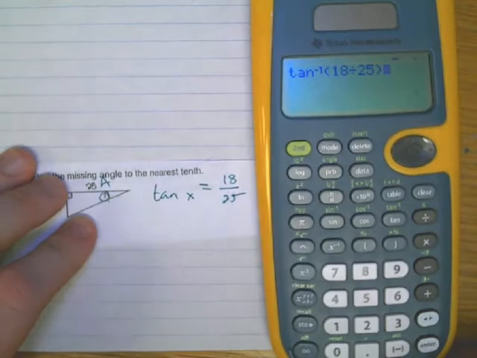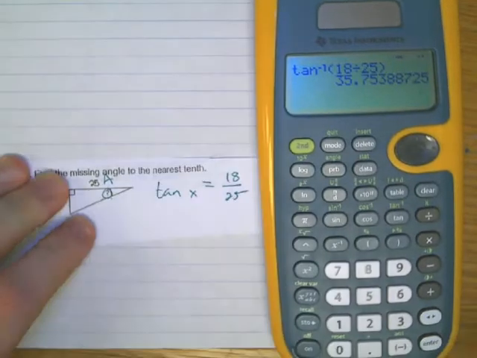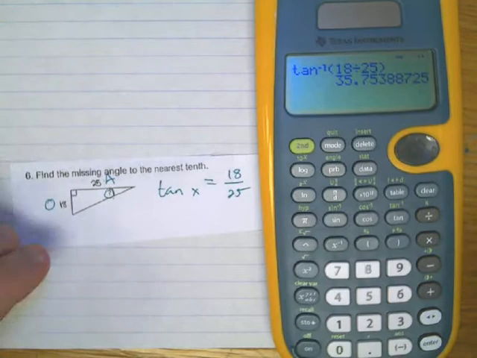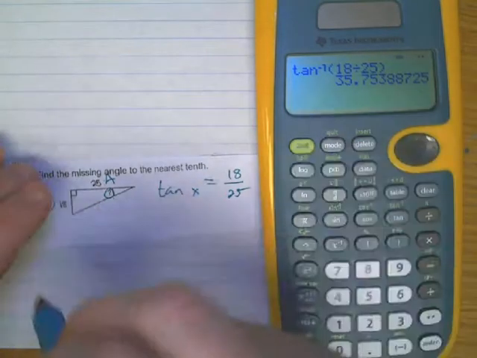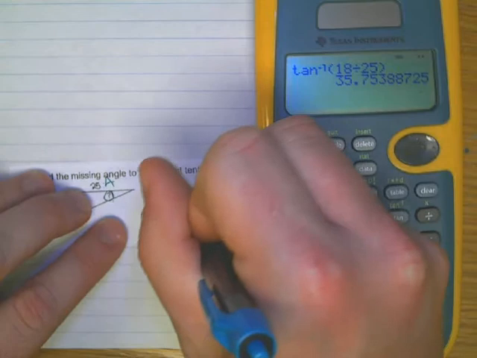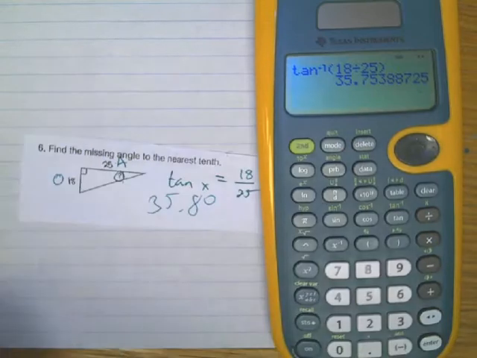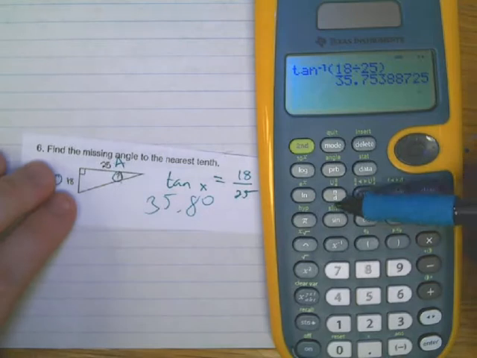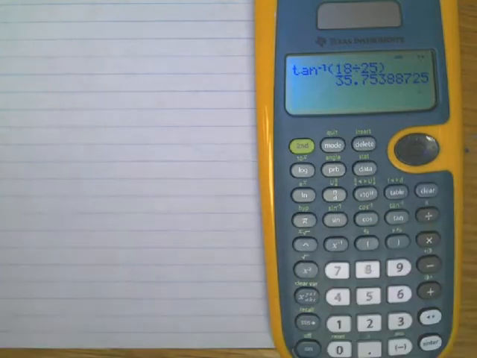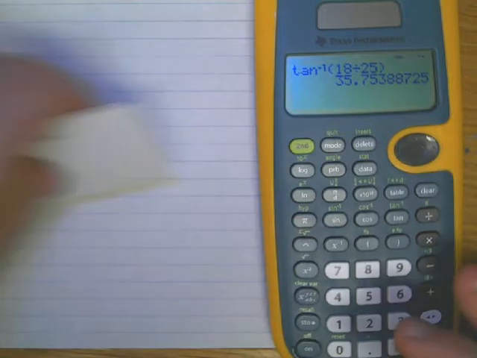We end up with, nearest tenth, did I do that up there? Yeah, 35.8 degrees. Once again, missing angle, we're going to use those buttons up there. Number 7, once again, another missing angle.